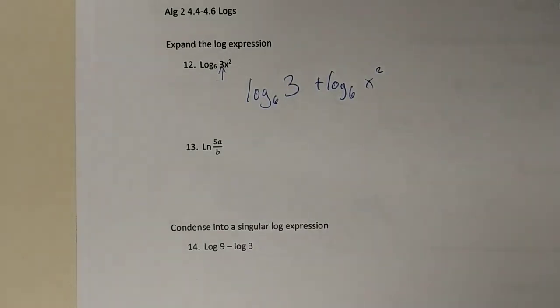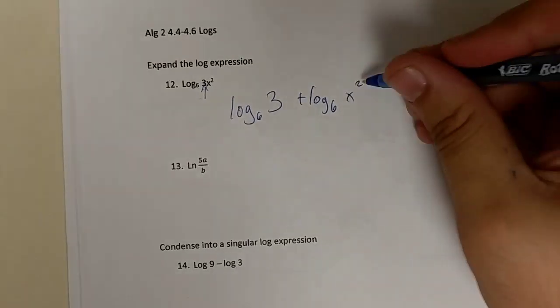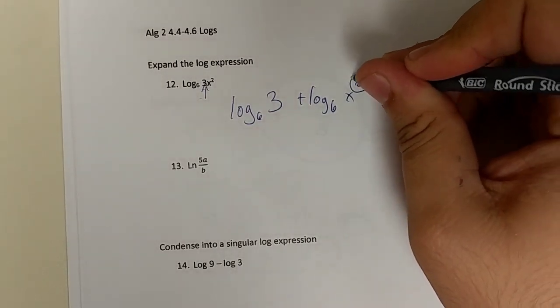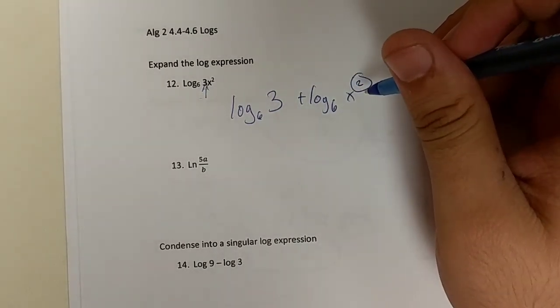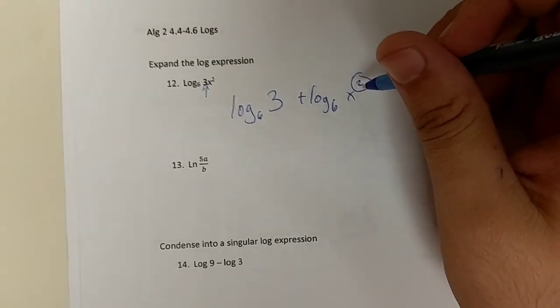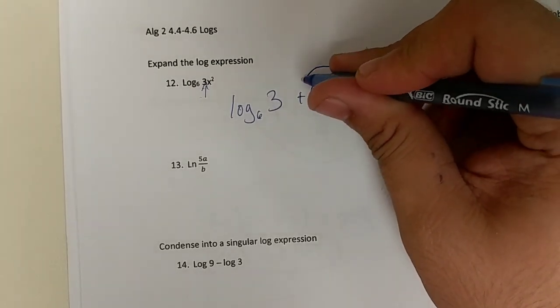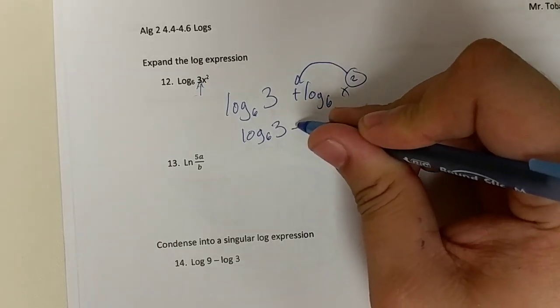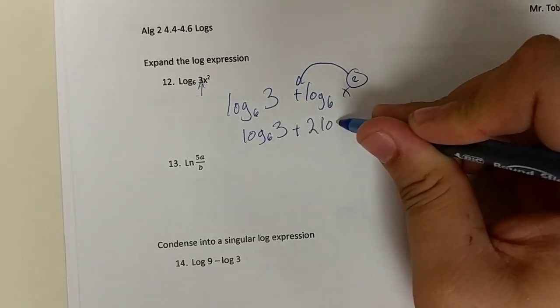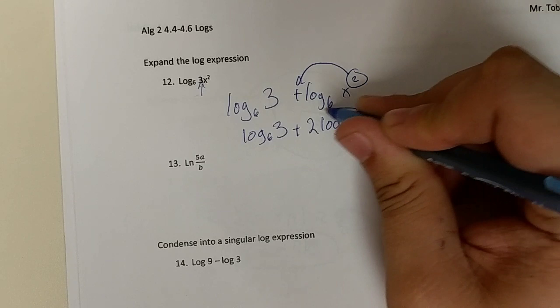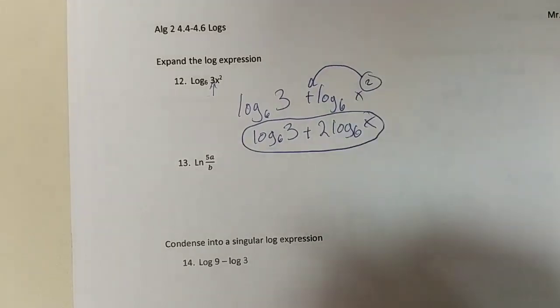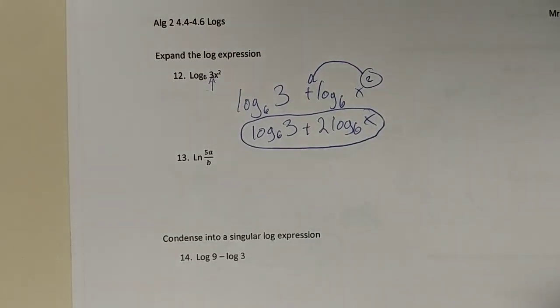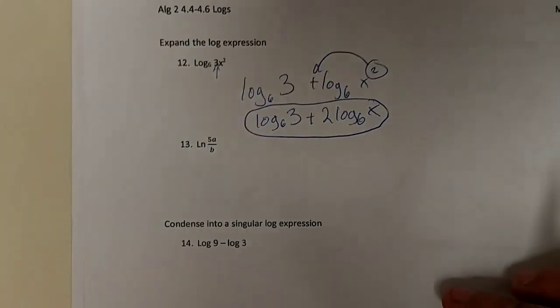If I had a multiple choice, I would not put this option in because it's technically correct, but not expanded all the way. I have an exponent 2 here. When you raise an exponent to an exponent, you multiply. So I'm going to change it to a multiplication: log base 6 of 3 plus 2 log base 6 of x. At that point, I am done. This one sadly can't be done on a calculator.